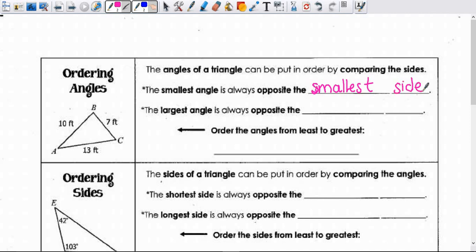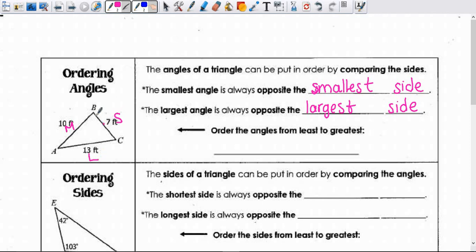Okay, so the small goes with the small, and the largest angle is always opposite the largest or the longest side. Okay? So, order the angles from least to greatest right here. So let's look at the sides and decide which ones are small, medium, and large. 7 is the smallest measure, 10 is the next smallest, and then 13 is the biggest measurement. So now you'll go across to figure out what your angles are.